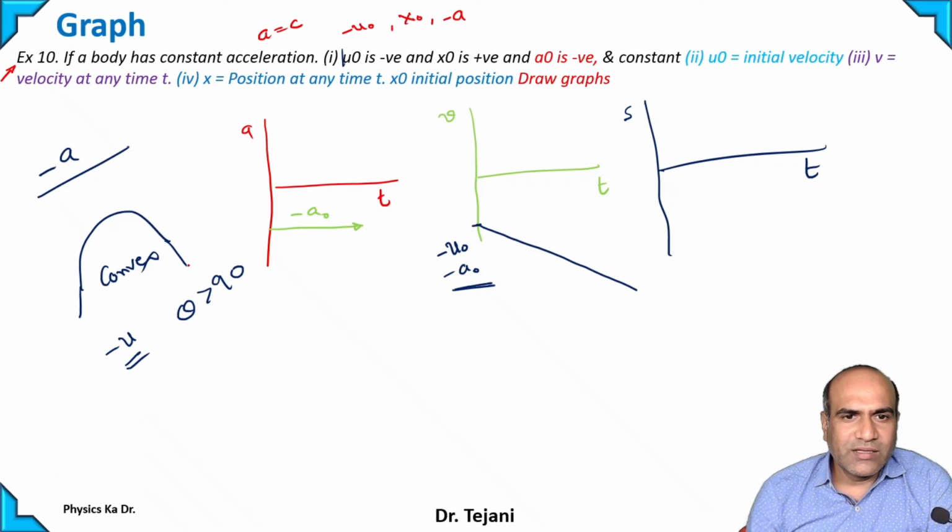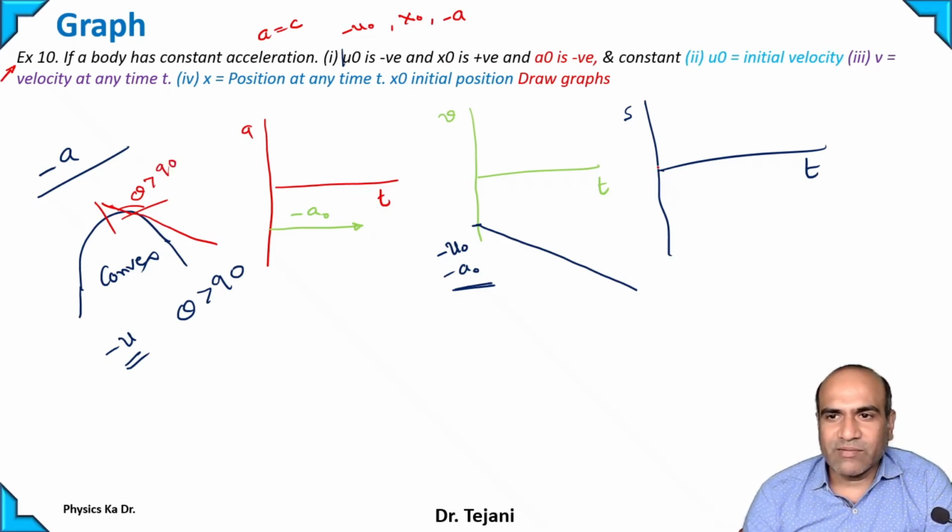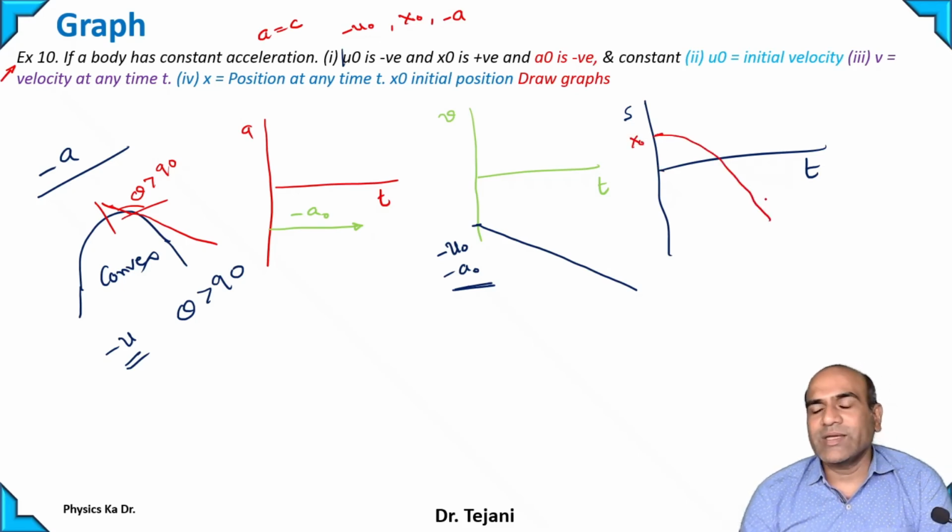Let's check. If this is the theta we wanted to check, is it greater than 90 degrees? Yes, not less. It is greater than 90 degrees. So only this much will work. It is starting from where x0 is positive, and it is going like that.